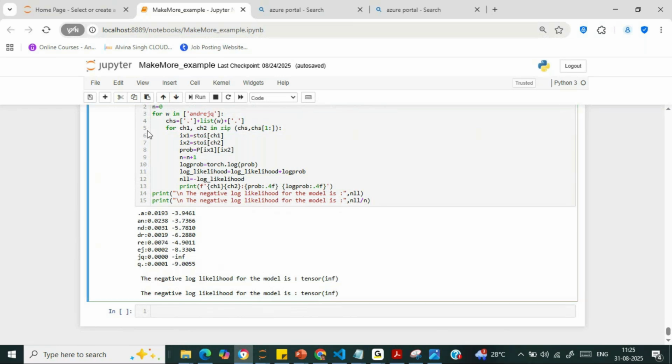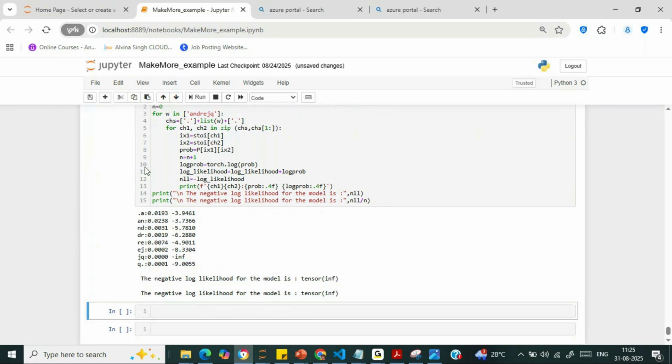Just have a look over here. Say I have p, and it is equal to n, and I will add a particular random number and then convert it into float, the same thing.